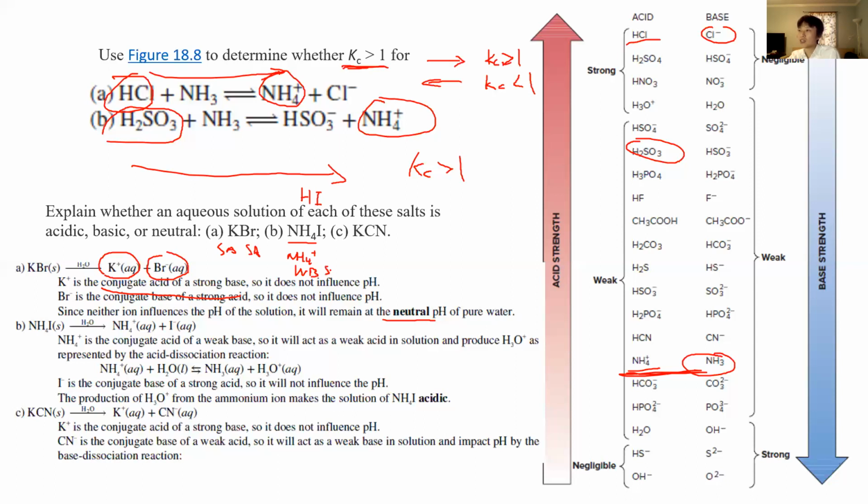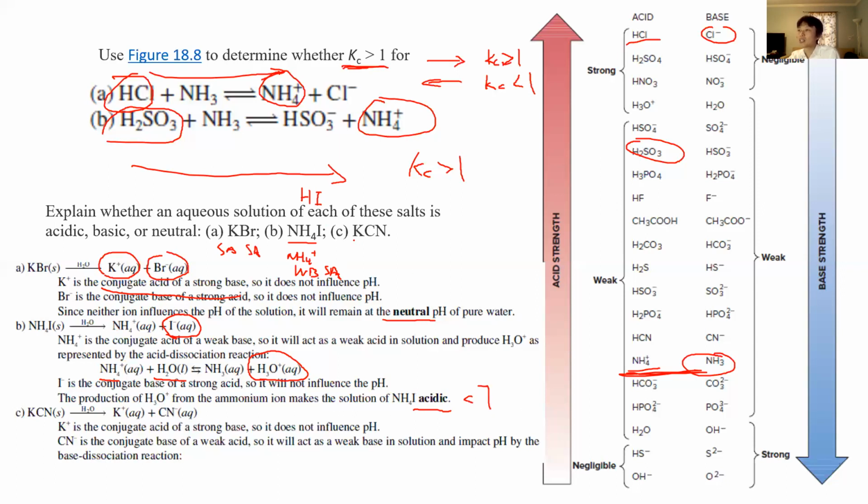In that case, the solution is going to be acidic, because the iodide by itself doesn't react with water. But the ammonium reacts with water, generating protons. Protons are acidic, so the pH is going to be less than 7.